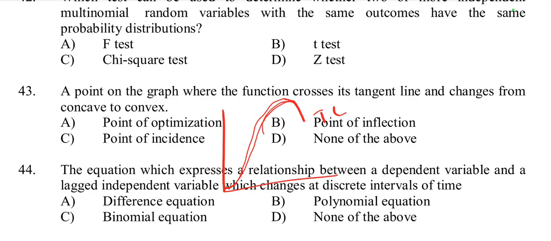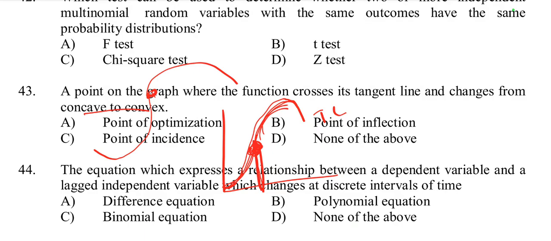Here the point of inflection is the point of the graph where the function crosses its tangent line and changes from concave to convex. It changes from this type of situation to this type of situation, concave to convex or convex to concave.